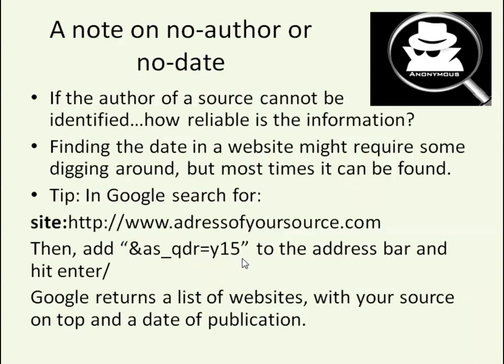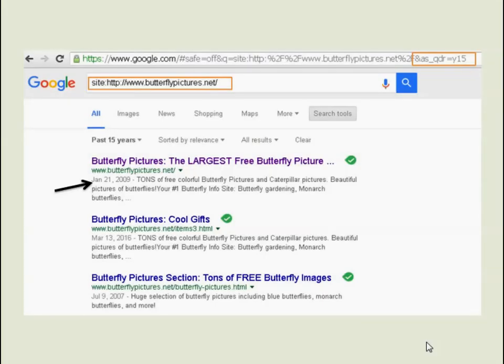Let me show you a little bit better. Google will return a list of websites, and your website is going to be the one right on top, and it's going to have next to it the date. So to make it a little bit clearer, you search for your site, including the word site first over here, and then once you get that search back, you go into your address bar and add this string of characters, and then you get a list that is going to have the date of publication.